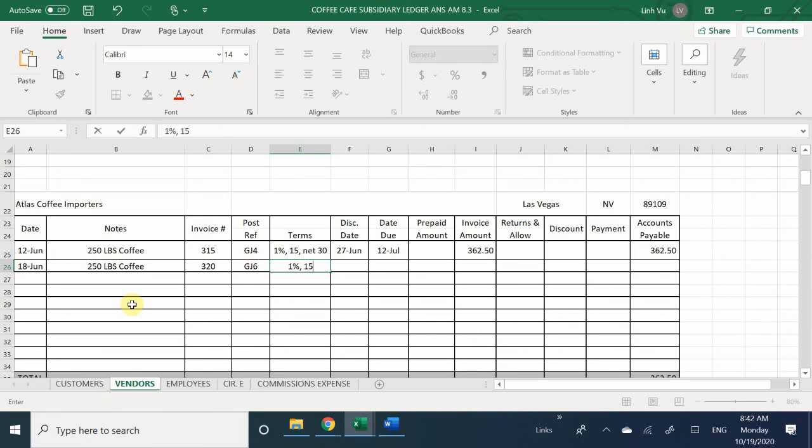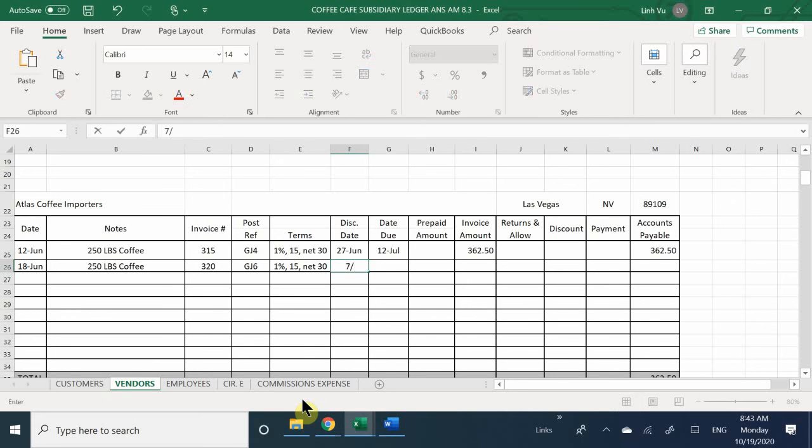Now the dates for this. When you're given terms, what are the terms? Percent, early date, and the due date. Okay. It is 3 plus 15, that would be on the 3rd of July.